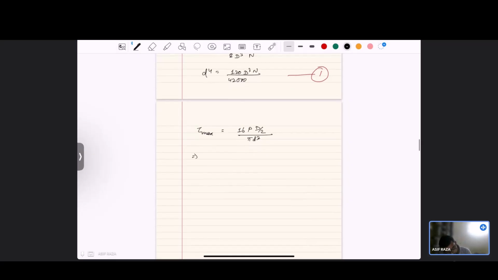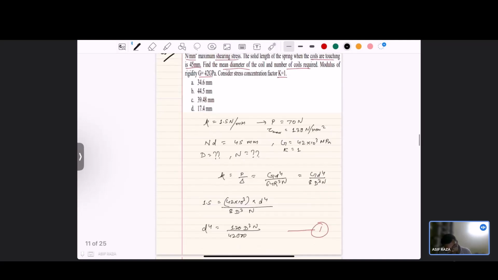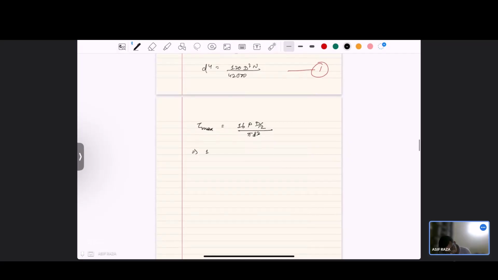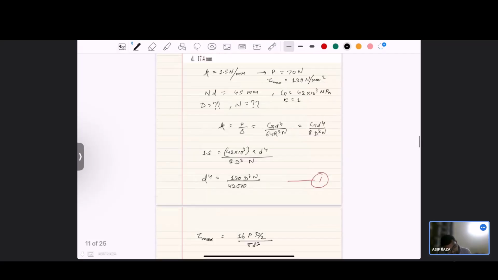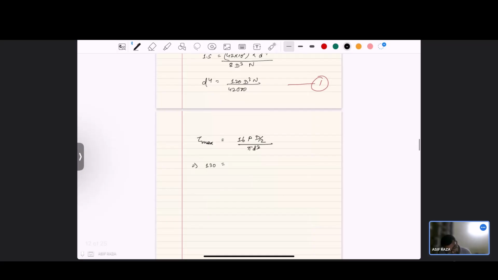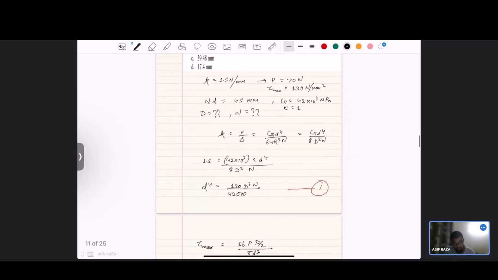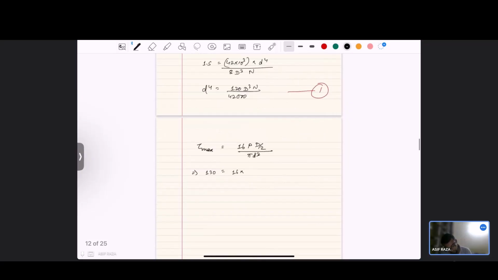Now this can be written as tau max is given as 130, so 16 into P value is 70, so D by d pi d cube.